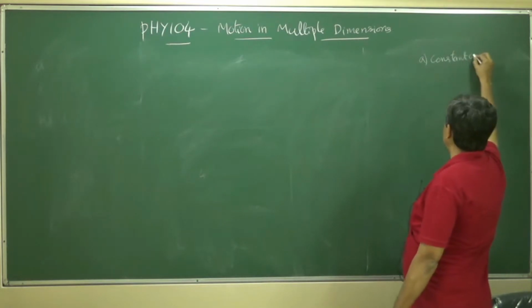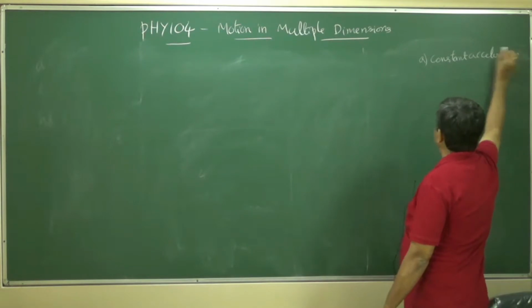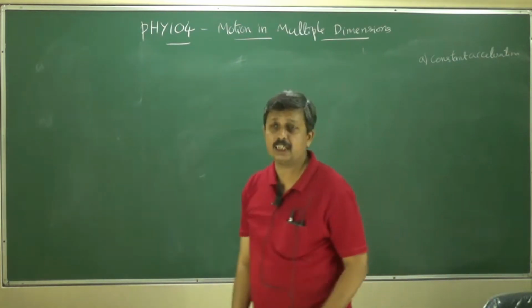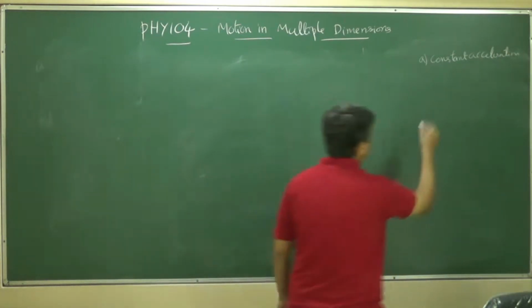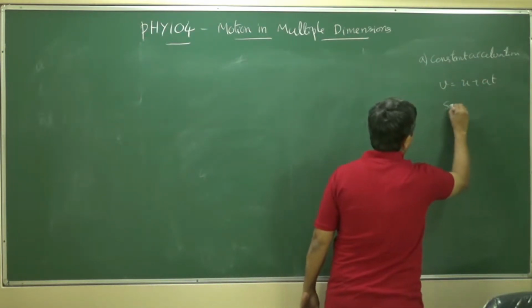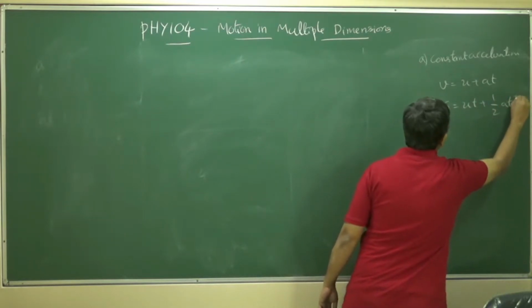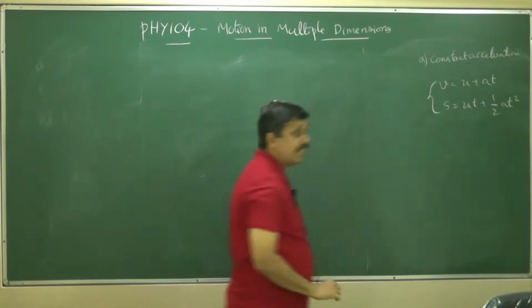For constant acceleration, you already know the kinematics equations. Let us take two equations: v is equal to u plus at and s is equal to ut plus half at square. These two equations we have to derive using calculus.